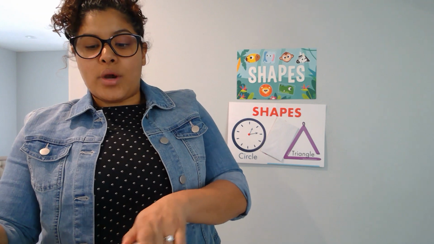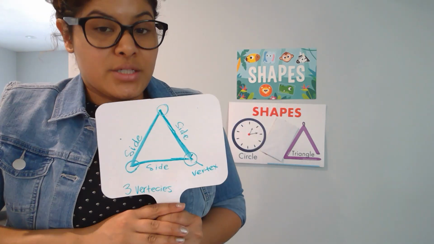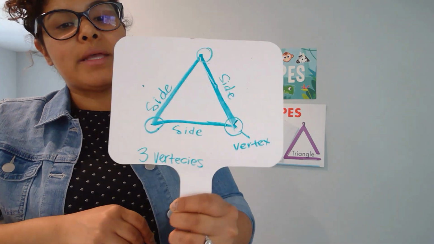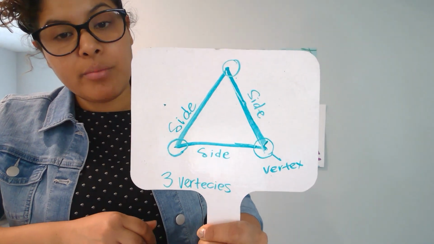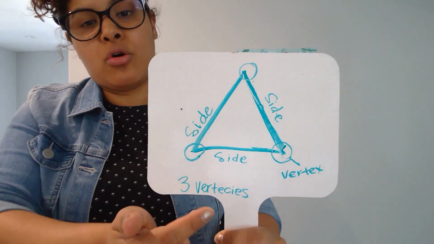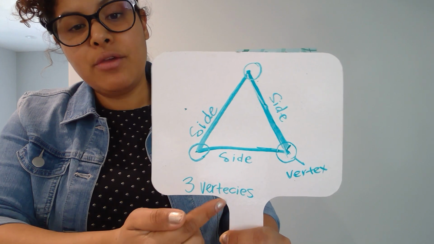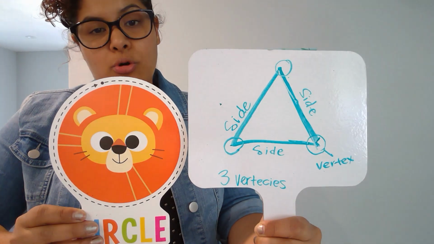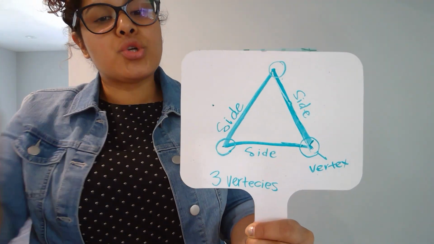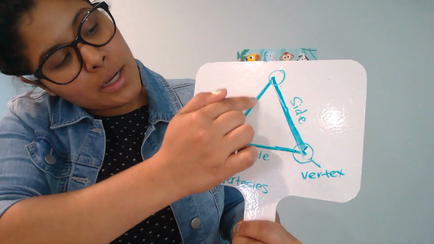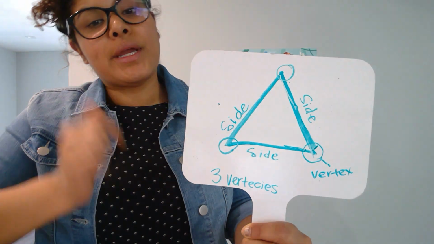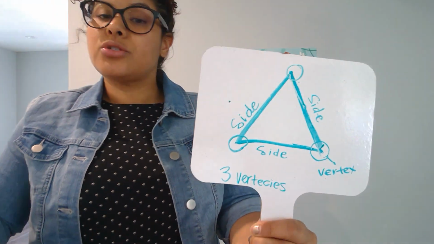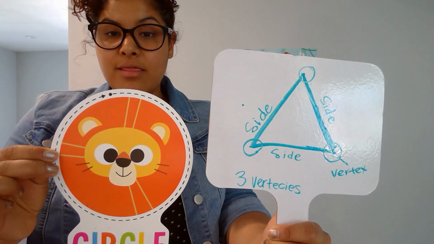Now, the other shape we're going to talk about, we already started with, is our triangle. If you can remember, our triangle, we said, has 3 vertices, which is already different from our circle. Triangle also has 1, 2, 3 sides. So that's also different than the circle.